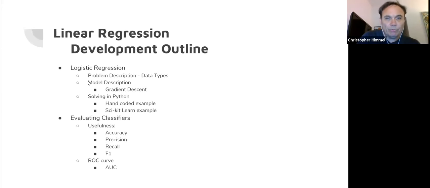So we're going to go into logistic regression first. And first we're going to talk about the data, what types of data we use logistic regression for. Then we're going to go into that logistic regression model, down to the lowest level.